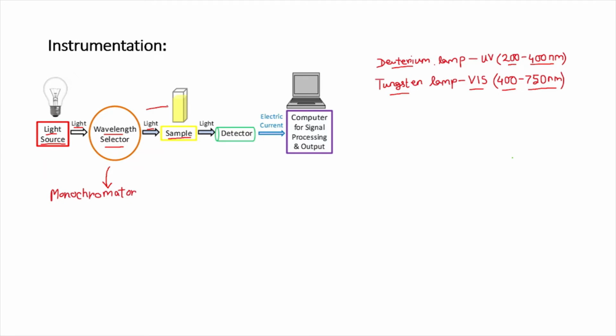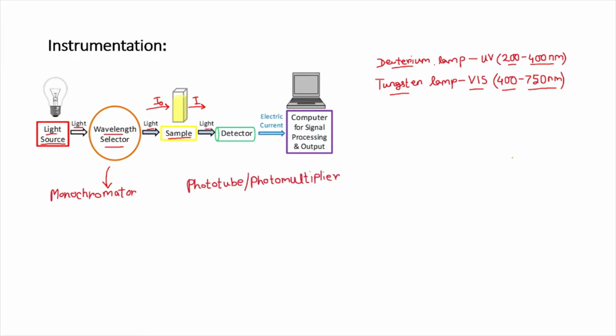Suppose the intensity of the light beam falling on the sample cuvette is I0. A certain part of the light beam will be absorbed by the sample and the rest of the light beam will be emitted out. Suppose the intensity is I. The emitted light will fall on the detector.